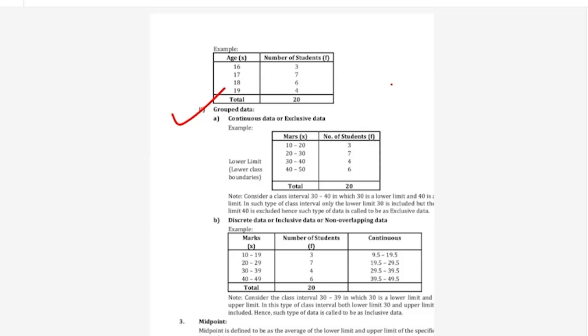क्या लगता है मैडम? If I ask you to classify the marks with respect to ungrouped data with frequency, क्या लगता है तुम लोग को?